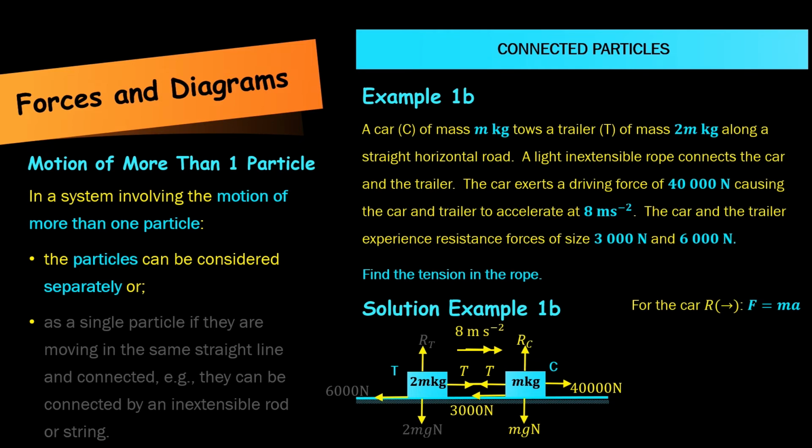Now let's just resolve the forces horizontally for the car. Again, we have F equals ma, so let's apply this to just the car. 40,000 minus 3,000 minus T gives us the net force, equals mass, which is the mass of the car, times 8, which is the acceleration of the car.